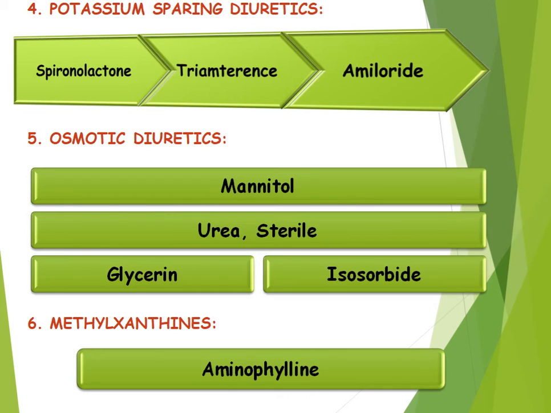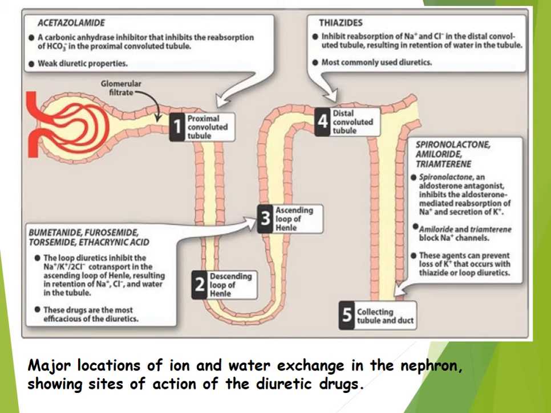Fifth are the osmotic diuretics. Examples are mannitol, urea, glycerin, and isosorbide. And the last is the methylxanthines. An example is aminophylline. These are the classifications of the diuretics.